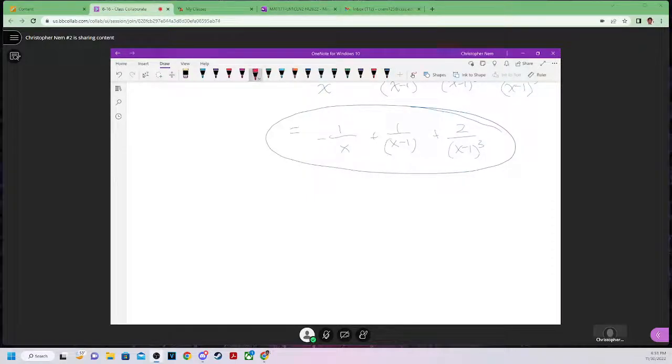The last case will be case 3, and this one is called irreducible quadratics. This time, suppose q of x is equal to some factor ax squared plus bx plus c times some other factors.